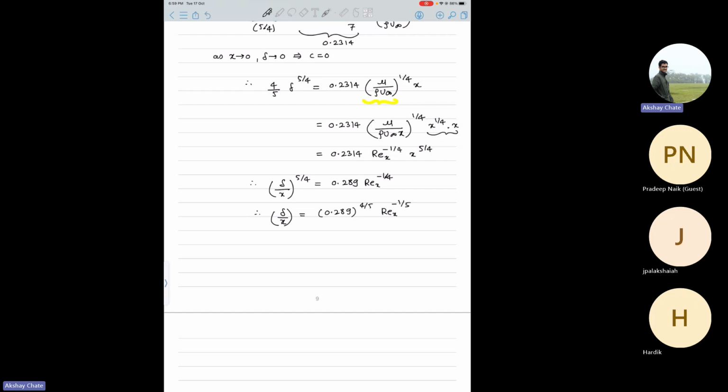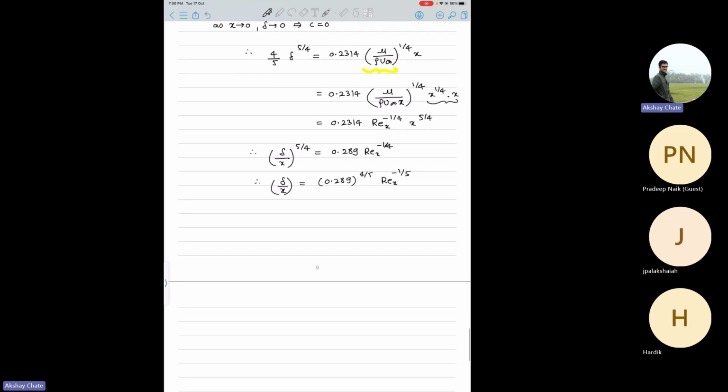And if you do that, what ends up happening is you get the constant which is 0.31371. So you get this very well known expression for turbulent flow. This is a very widely used expression for flat plate turbulent flow.